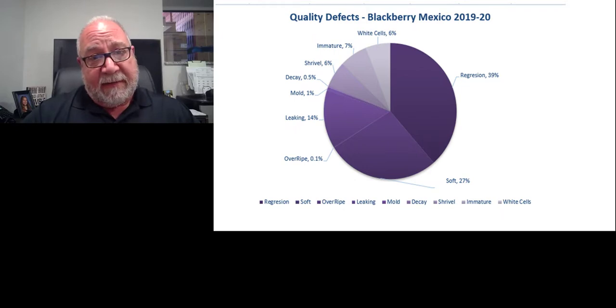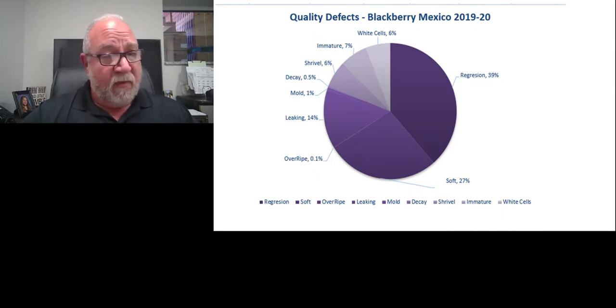The following is how this affects us at Wish Farms. These are quality defects from all the blackberries I received during the Mexico season during 2019 to 2020. 39% of all the defects that we categorized were due to the regression, followed by 27% soft and leaking.